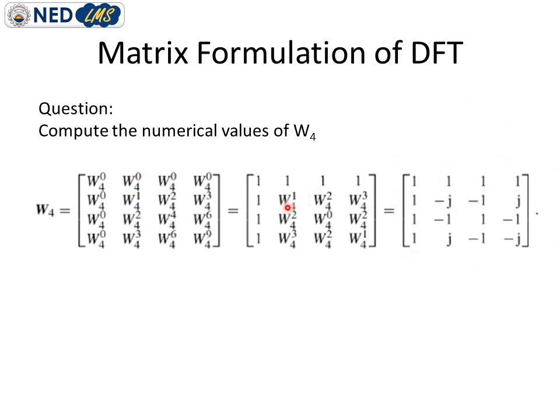So you can expand any of the matrix with the basis function e raised to power minus j 2 pi small k small n over capital N. When you solve that basis function, you will end up with this matrix containing these values.